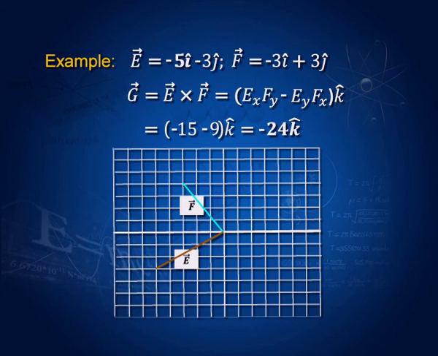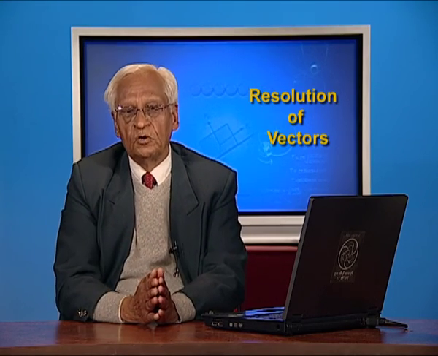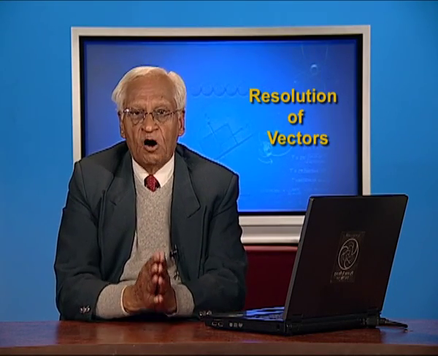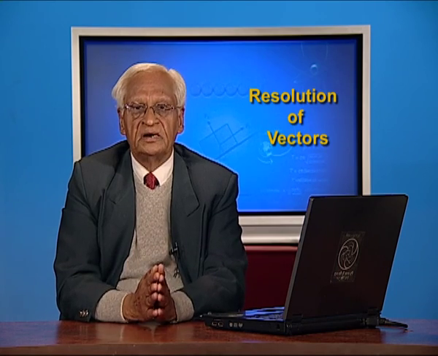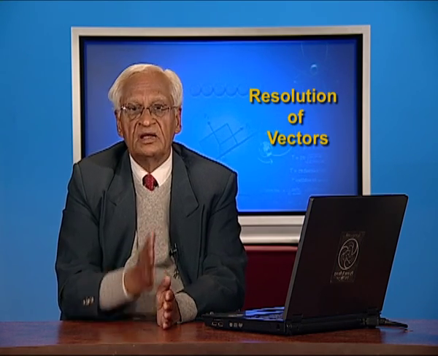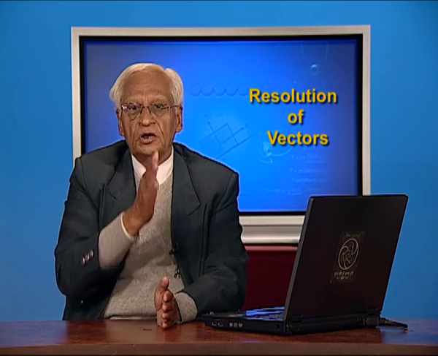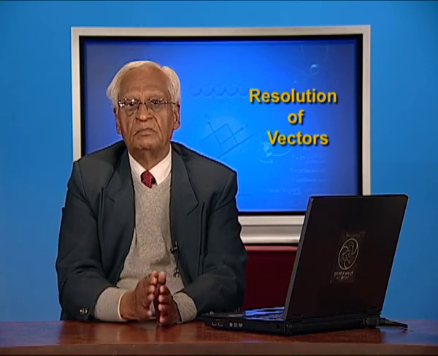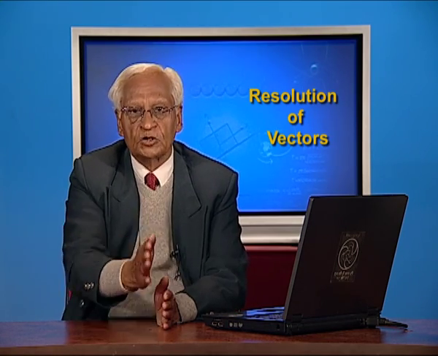And I have repeated this many times because I feel that the vector product is an important concept used very often in physics, as in angular momentum, as in torque, as in Lorentz force. We have to use it very often, and therefore, I have repeated it so many times for your benefit, so that in future you never have problems in understanding the cross product.